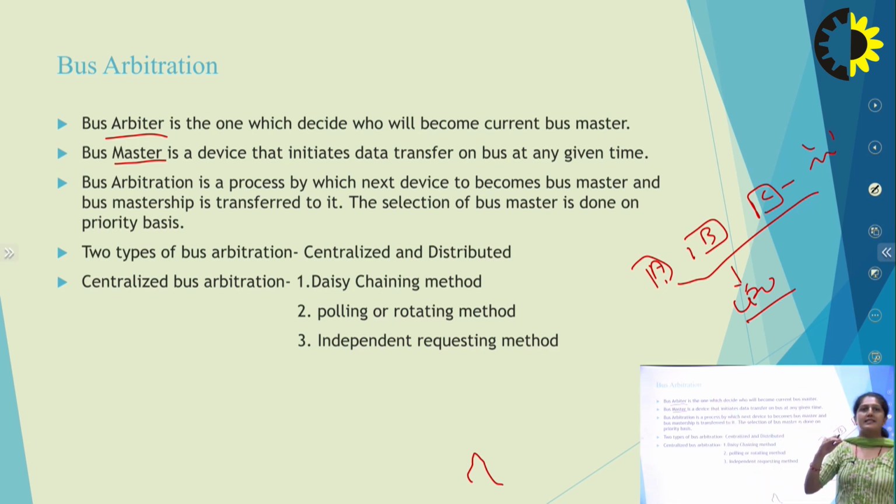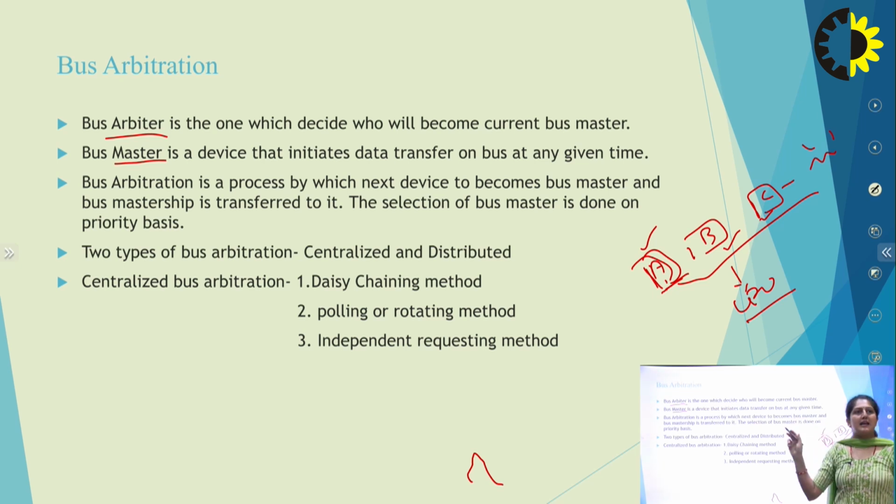It is a unit above the bus, the bus arbiter, which decides from among these devices which will become the bus master. Suppose A becomes the bus master, then it is A's duty to communicate with the CPU. The data transfer will begin between the CPU and A, and the rest have to wait for their chances. So from this you can understand what bus arbitration is.